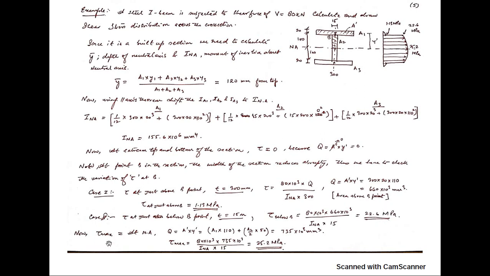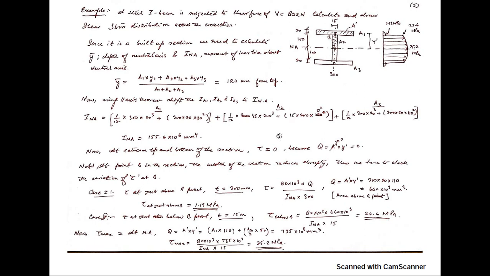After that, we'll calculate shear stress at the neutral axis. For calculating that, we have to take Q and consider areas above this line. Above this line, the area will be A1 and half of A2. So this area will be contributing to your shear stress.